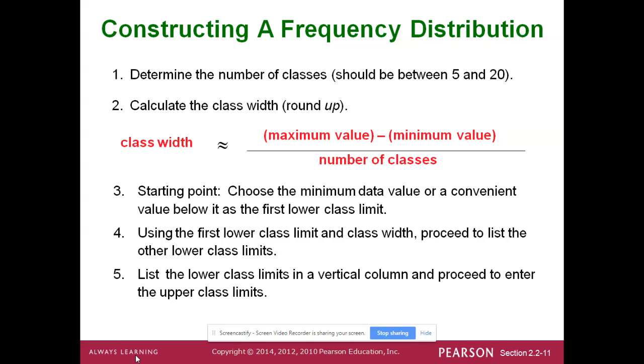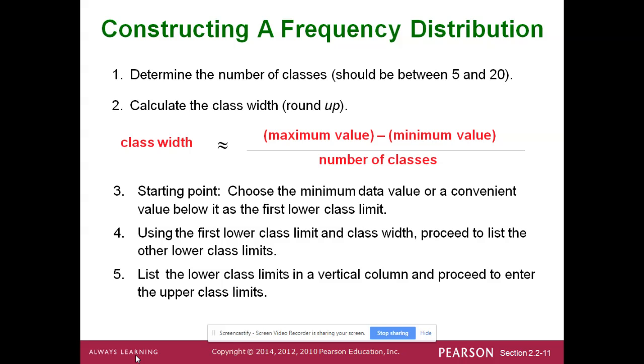All right. List the lower class limits in a vertical column and enter the upper class limits. So if my lower class limit is 20 and my class width is 10, I'm going to go from 20 to 29. The next class would be 30 to 39, 40 to 49. All the way up until you've got all the classes that you need.